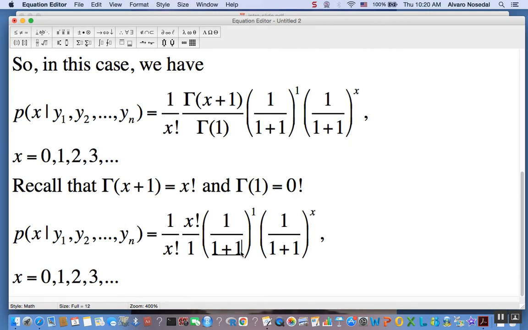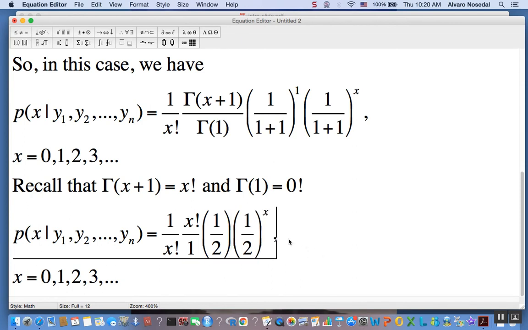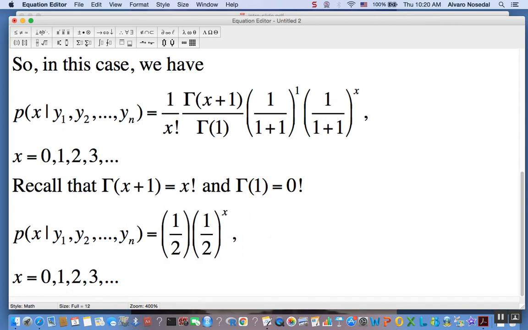This is going to be the same as 1 over 2 to the power 1. That's just 1/2, right? So we don't need that exponent there. Okay, so we can see that these cancel out, so we end up with that expression. Make sense?